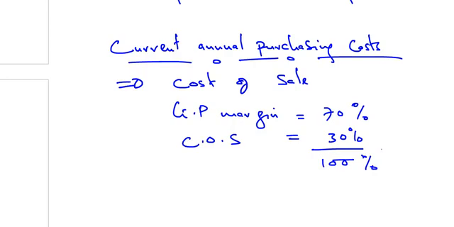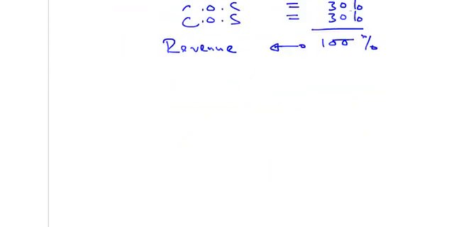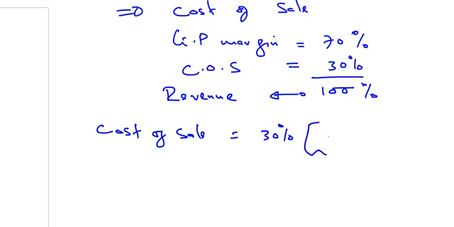That makes sense. And this 100% represents the revenue. So your cost of sale will be 30% of your revenue. So cost of sale will be 30% of the current spend.